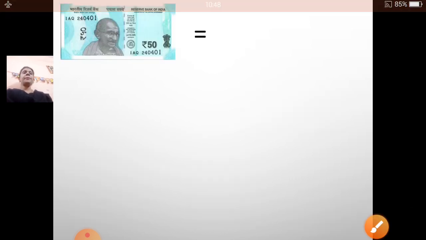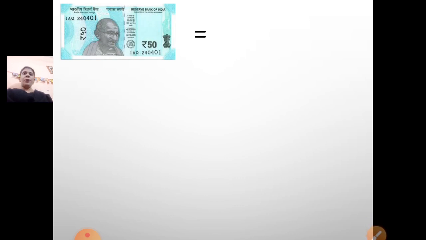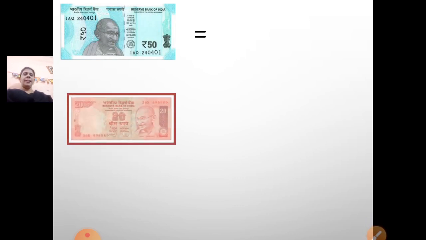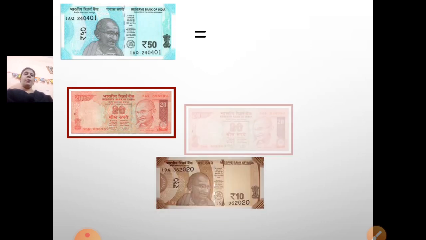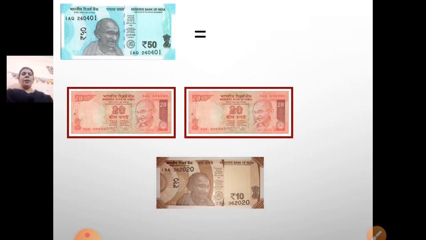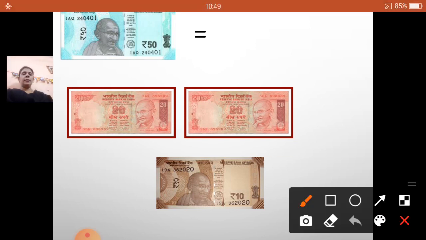Okay? Now 50 rupees. How are we going to make 50 rupees, children? Let us see. One 20 rupee note, one more 10 rupee note, one more 20 rupee note. Let us total and see. Now 20 plus 20 is how much?